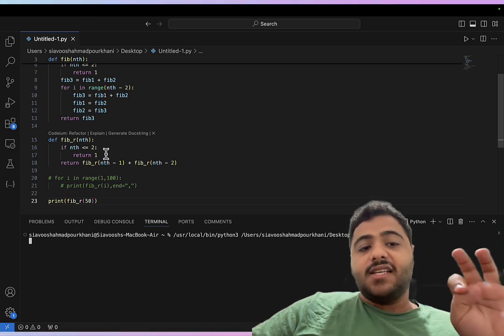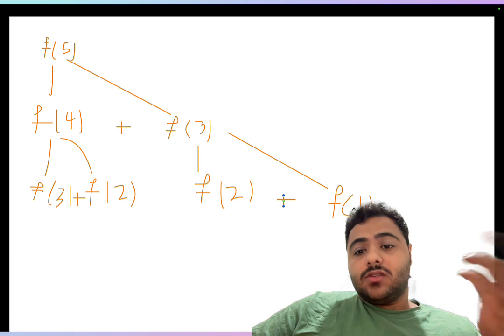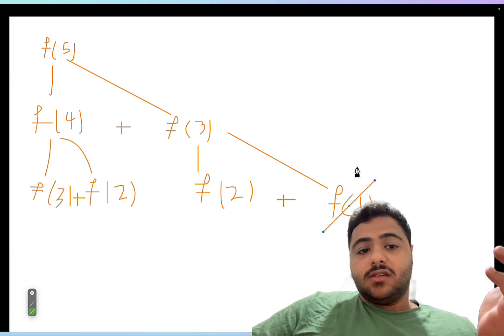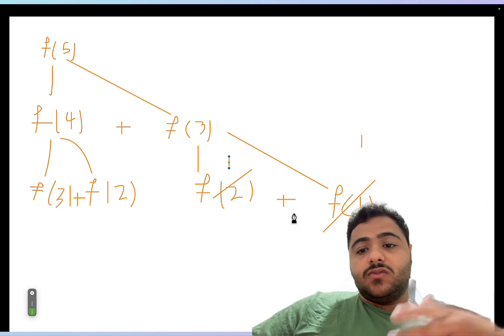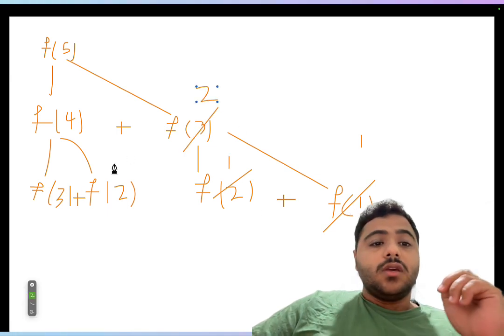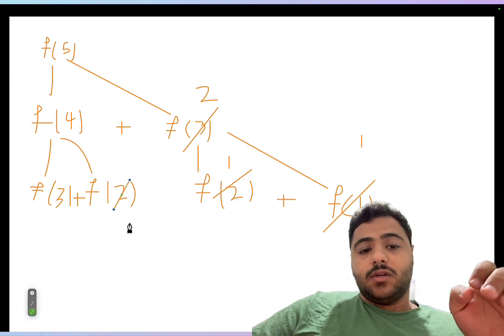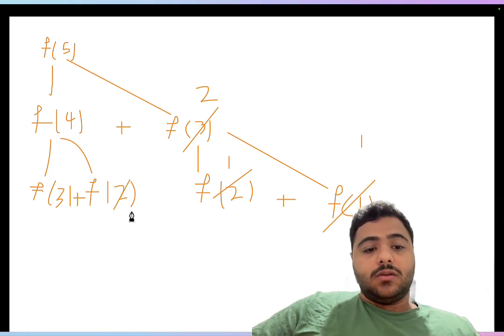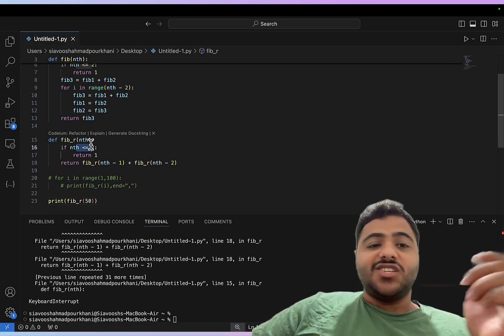It knows the answer is 1. So this is 1 and this is 1 too. We just add them together, it's going to be 2. This is 1 because it is 2, which is less than or equal to 2. It fits in this condition.